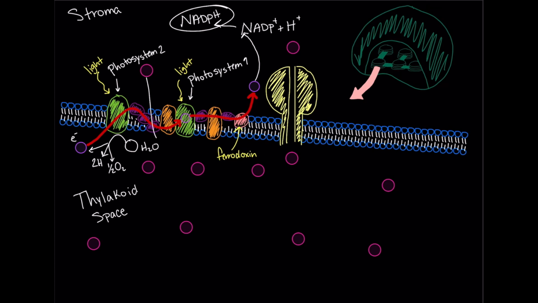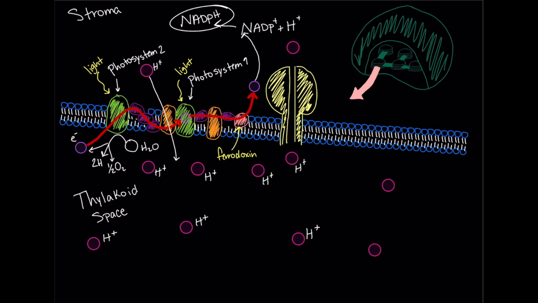So it travels into the thylakoid space. It starts building up. So let's write this down. Hydrogen. And it starts building up here in the thylakoid space.